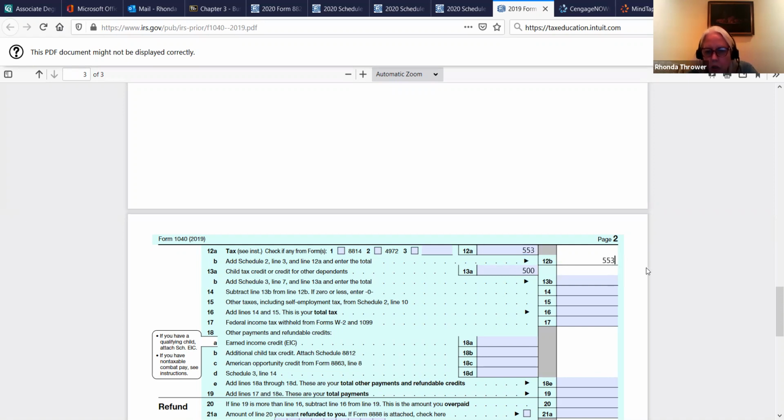And then this would be deducted from this. So you're going to subtract. So it will be $53. Yep. But what they put here was 500 in 13B because you're adding in line 14 is $53.